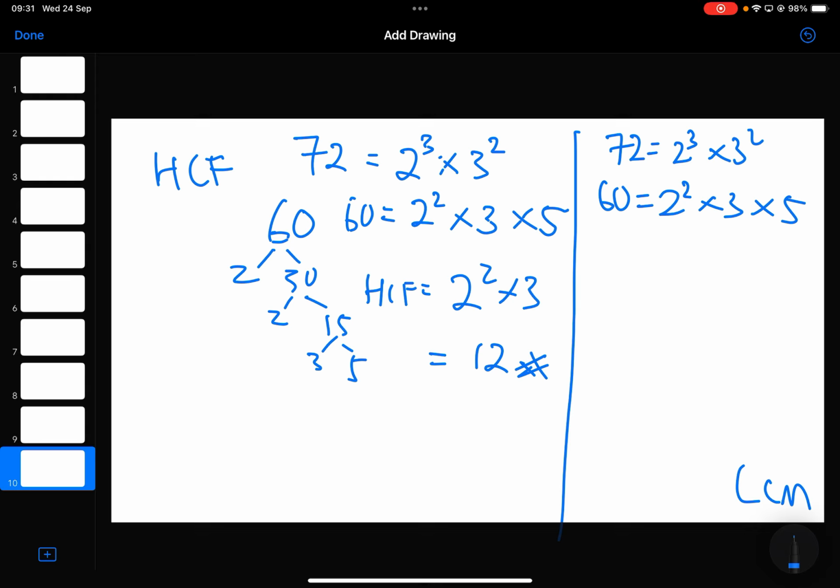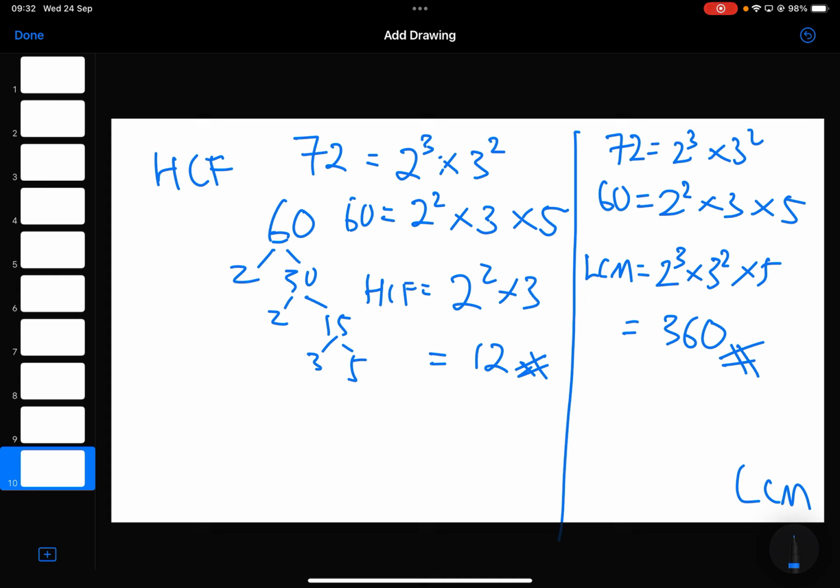So how do I choose the factors to get my LCM? I will choose the bigger one because I want a multiple. So within 2 squared and 2 cubed, I will choose 2 cubed. Within 3 and 3 squared, I will choose 3 squared because I want a multiple. Between 5 and don't have 5, I will choose 5. Then I can get my LCM.